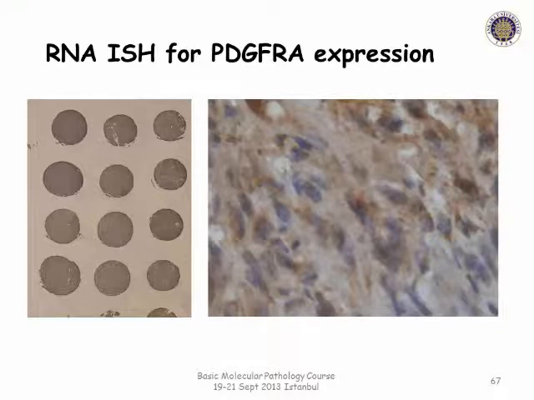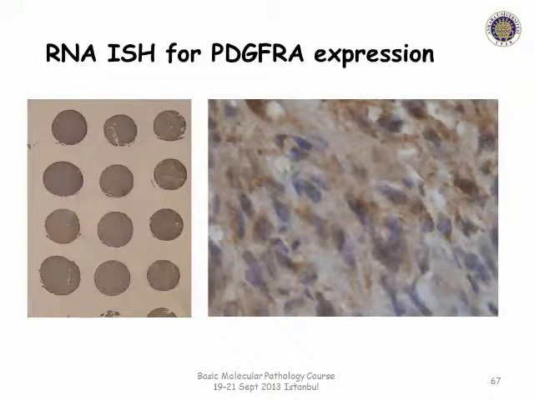As I said before, another technique that could be used is the RNA in situ hybridization technique. This is an indirect way of showing the protein expression. But in situ techniques for RNA are not very easy techniques, as RNA is not a stable molecule, so you can lose your RNA easily.